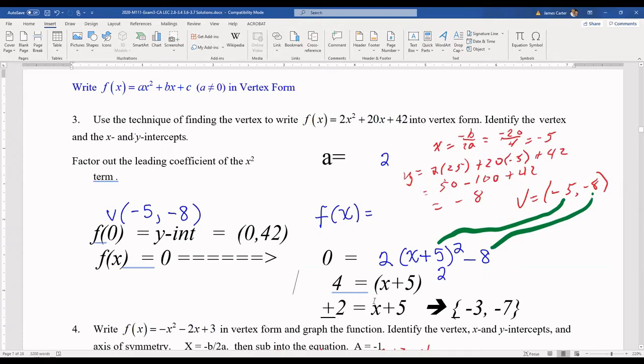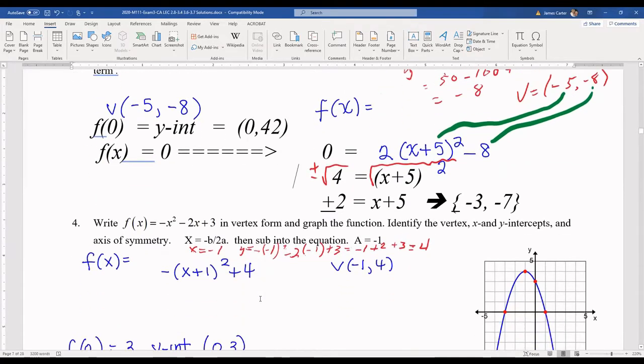I need to take the square root of this and take the square root of this, plus or minus. So we get plus or minus 2 equals x plus 5, which gives us the values -3 and -7.